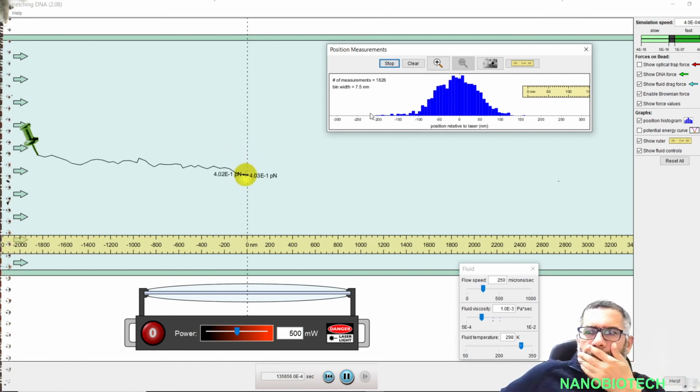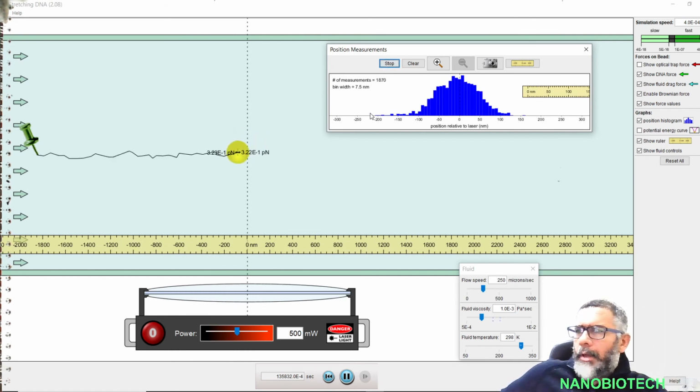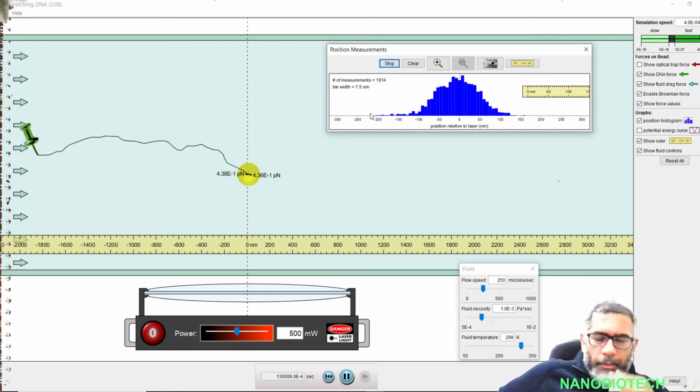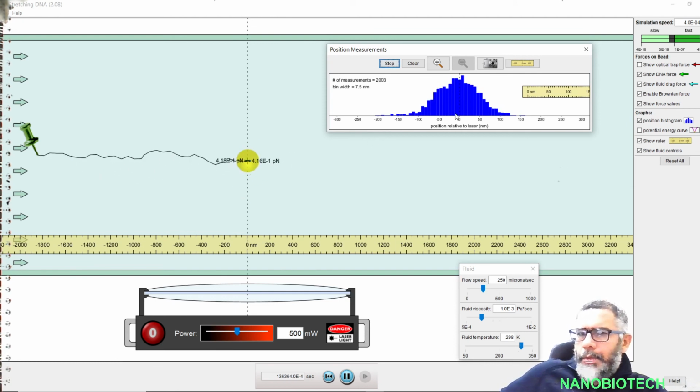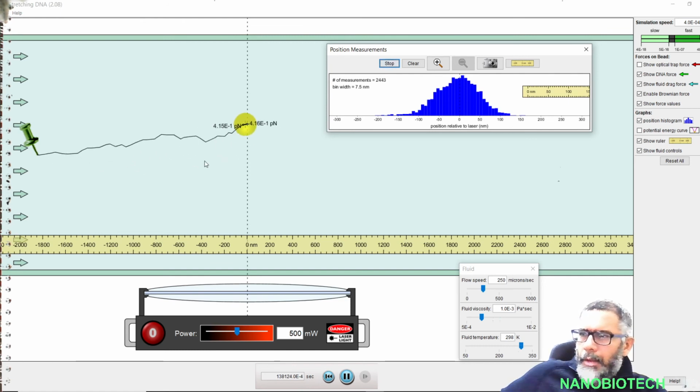So what's going on over here? What kind of measurement are you doing? This is again position measurements, but in a more realistic scenario, there will be this Brownian motion. Even though there is Brownian motion, it is possible to measure the position of the bead.